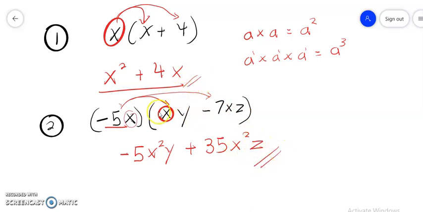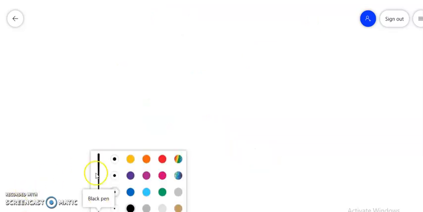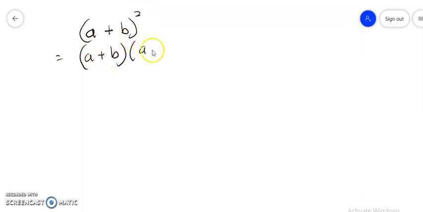Now let us move on with the quadratic expression expanding. Now we have (a plus b) and you have a square over here. The meaning of square over here is that you have to multiply with the same algebraic expression.